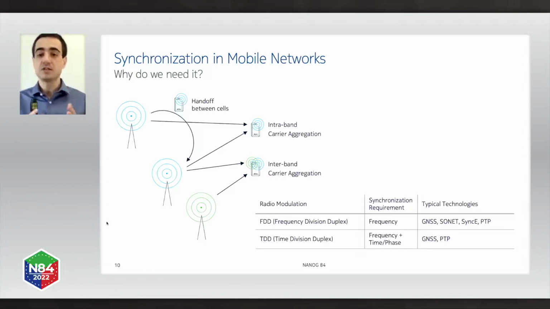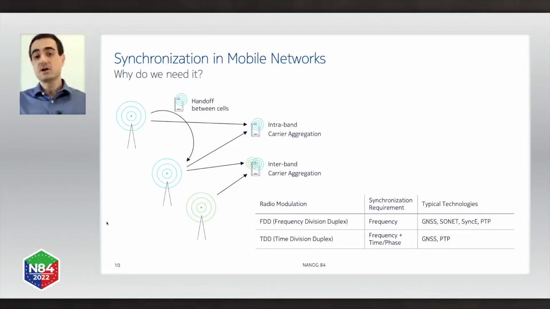So essentially you're saying that you have a specific frequency band for transmitting and another frequency band for reception. Then you need frequency synchronization. And some of the technologies that provide that are GNSS or GPS. There are other types of constellation that also provide the same capability. SONET synchronizes in frequency, synchronous Ethernet, same thing, and PTP 1588 also can synchronize frequency.